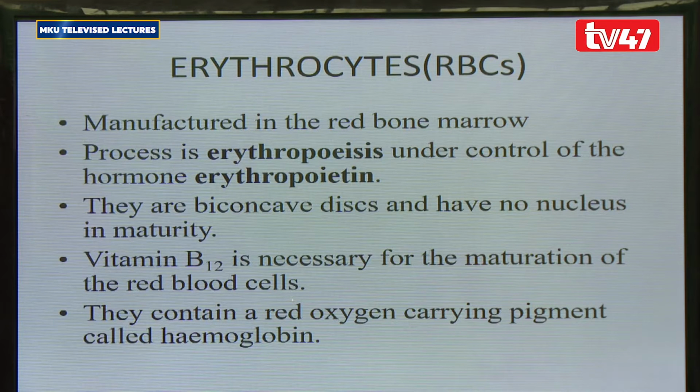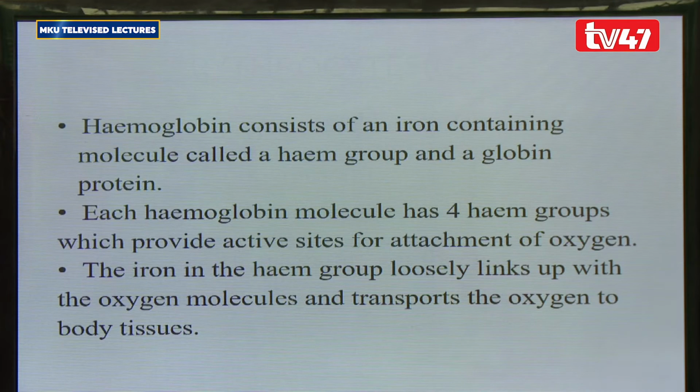The red blood cells contain a red oxygen-carrying pigment that we call hemoglobin. Now, hemoglobin consists of a protein that we call a globin protein and what we call a heme group. A heme group is basically a molecule that contains iron in it. It generally contains iron in the oxidation state of iron 2.